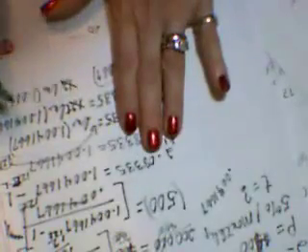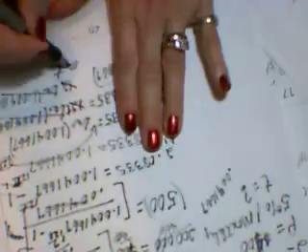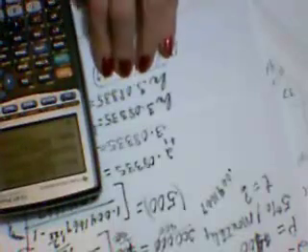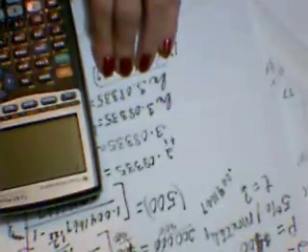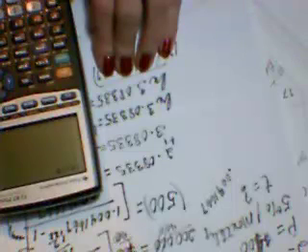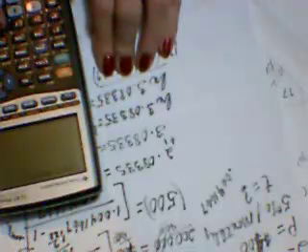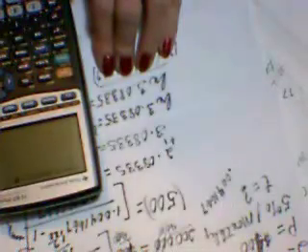Now remember, I cautioned you before, the 12 goes out, the ln goes out, and we're left with t. But I cautioned you before about how you type this in your calculator. The numerator needs to be enclosed in parentheses. So I have parentheses, the ln, and then a parenthesis, 3.08335, close. That closes the ln number, and that closes the numerator.